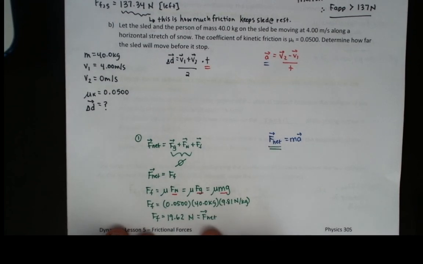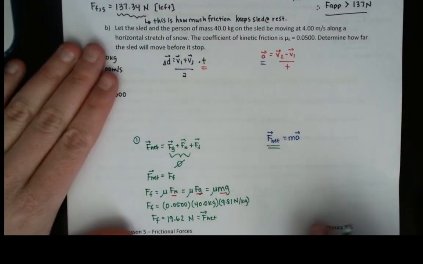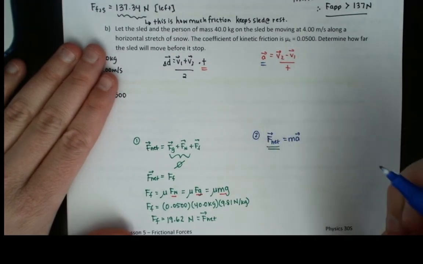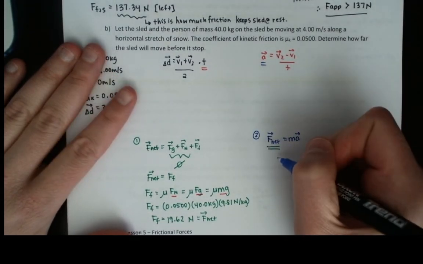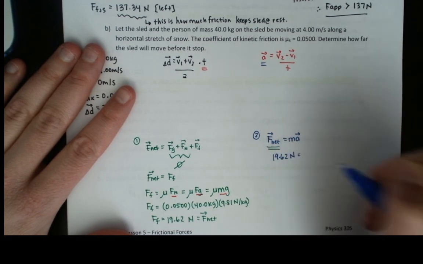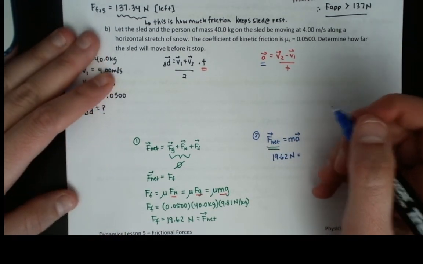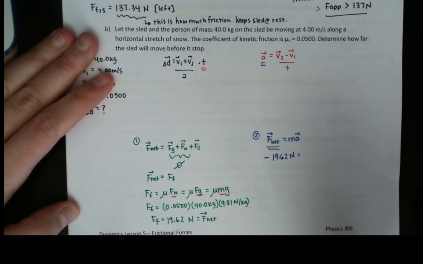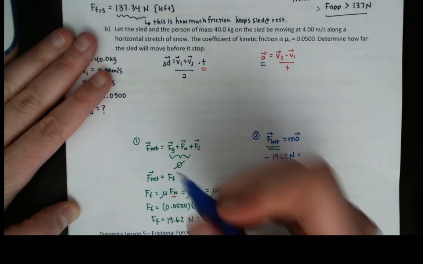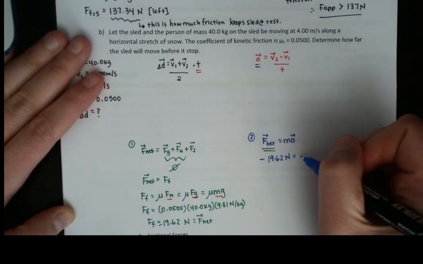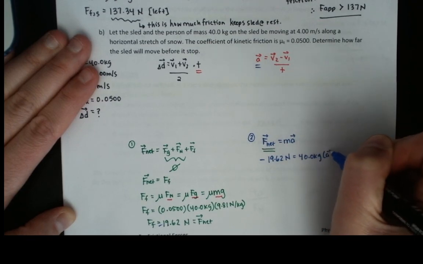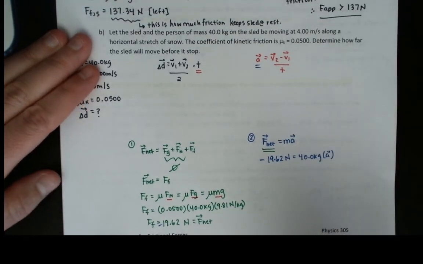Now we can go here. This will be step 2. Okay, Fnet is 19.62 equals. Now, let's keep in mind that this is friction, so it's going to be acting backwards or against our motion. 19.62 equals 40 kilograms times a.